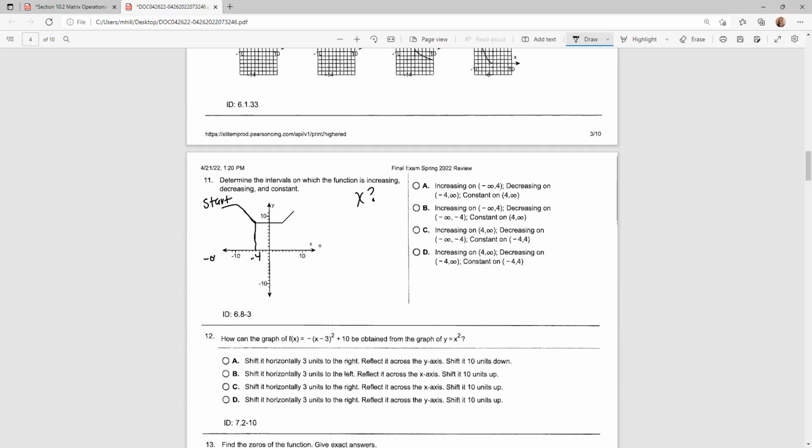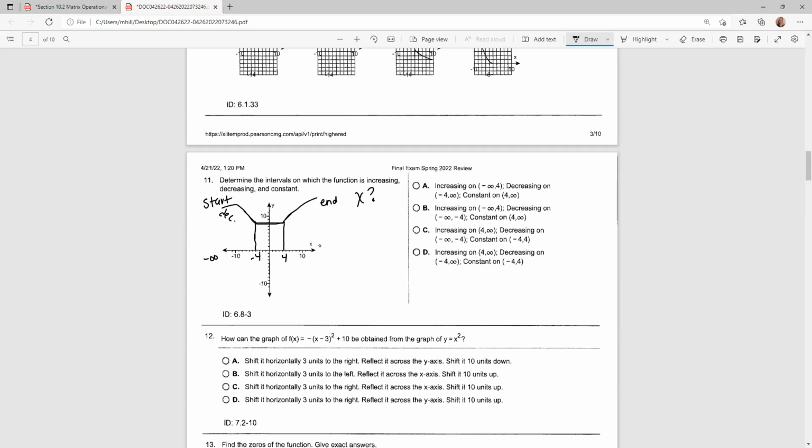So x is negative infinity here. So it looks like it's going down first. So this would be decreasing from negative infinity to -4. Then it kind of levels out. I'm looking at the answer, so it looks like they're saying this is 4. So it would be constant from -4 to 4, and then this is where you end up at.